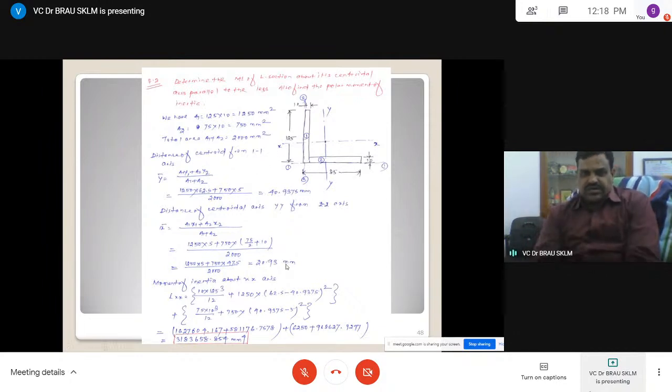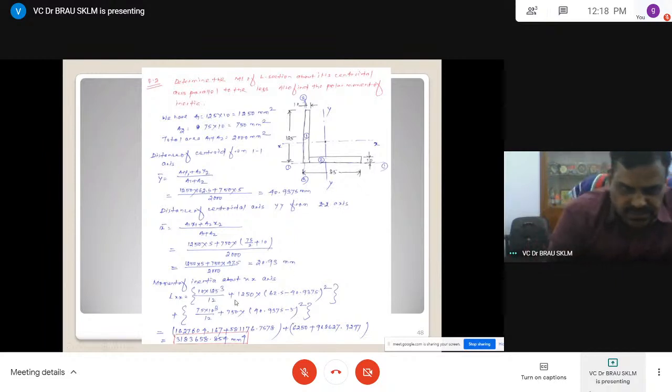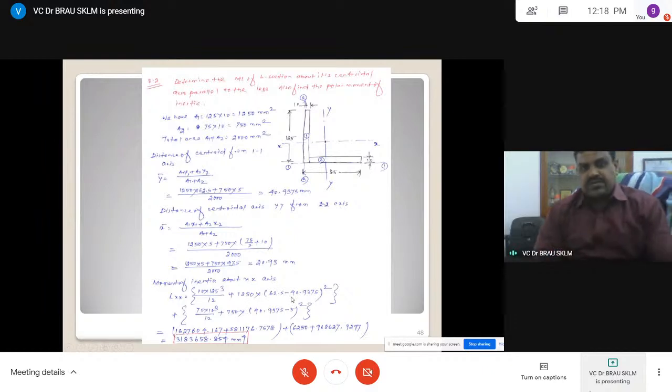Once we know the centroidal distances, Ixx is equal to 1/12 BD cube plus area into the square of the distance between the two axes.